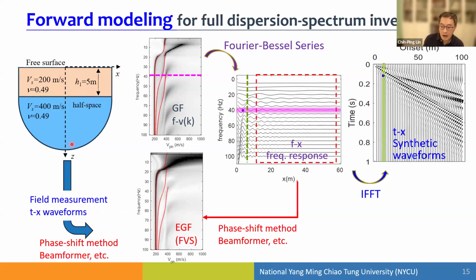That describes how to perform the forward modeling. We can skip the inverse Fourier transform and directly compute the FVS much more efficiently.